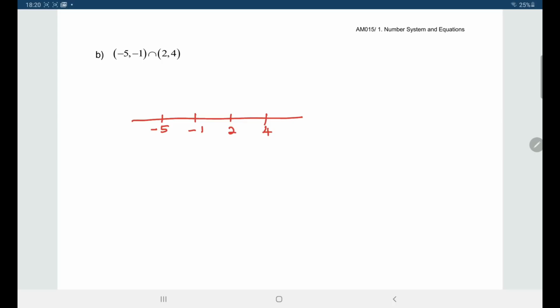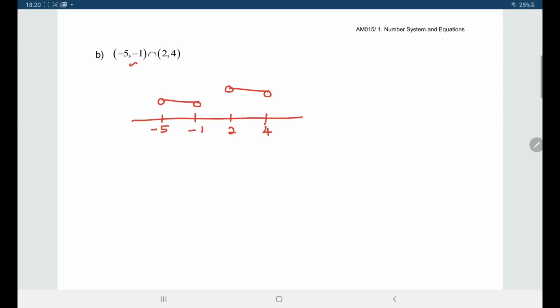We draw the first interval from -5 to -1. At -5 and -1, we draw an empty circle because they are not included. The next interval is from 2 to 4. At number 2 and number 4, also empty circles because they are not included.